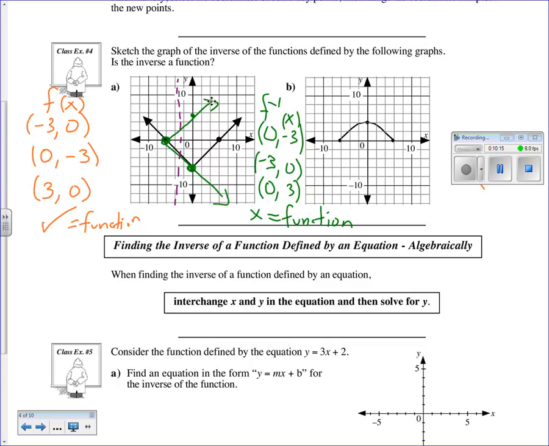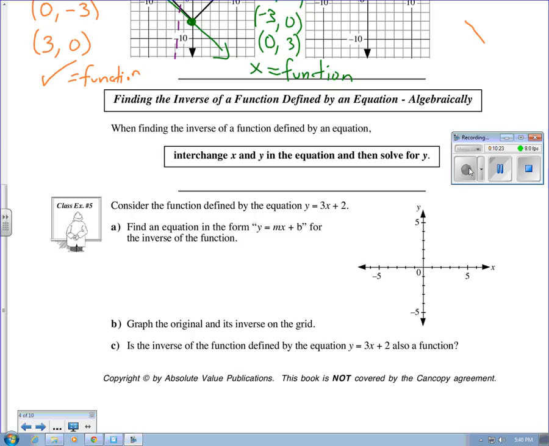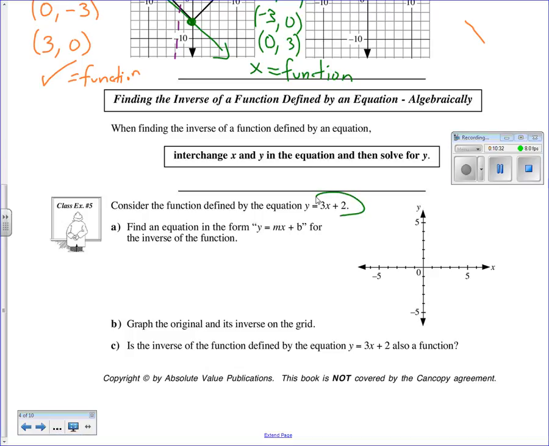We've got one question to do algebraically. There's always graphing in algebra. So let's slide down. And now we're looking at our first algebraic representation. So the original graph, y equals 3x plus 2, you can make your calculator graph that. You should recognize that as a line, which is in fact a function.